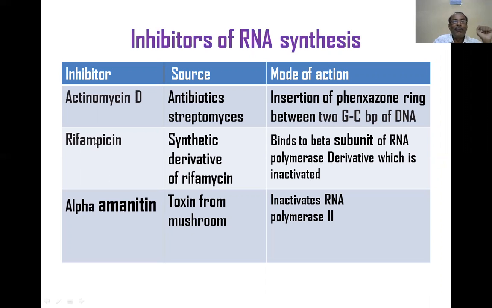So TB bacilli will be killed by rifampicin. Another one is alpha-amanitin, a toxin from mushrooms, which inactivates RNA polymerase II. So these are the substances. Actinomycin D is an antibiotic, rifampicin is a TB drug, and alpha-amanitin is an experimental toxin, and all of them inhibit transcription.